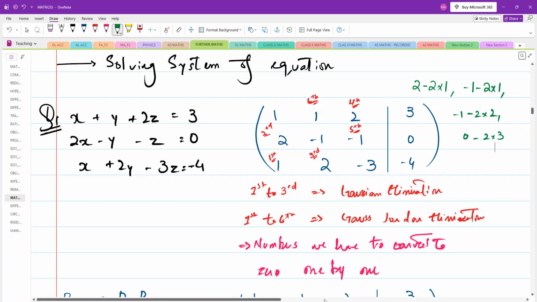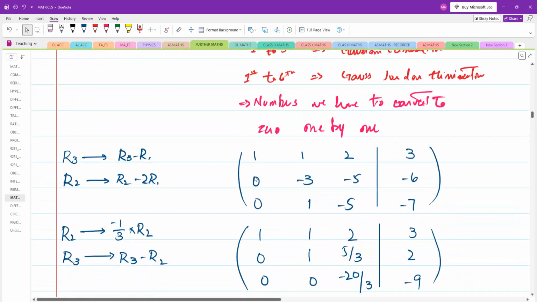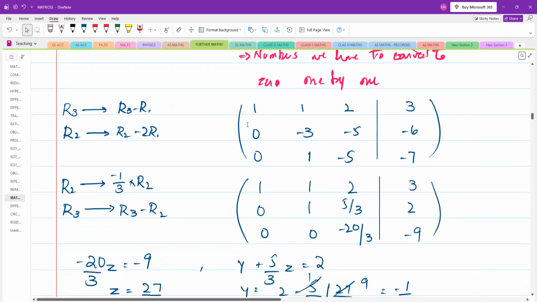Did that make sense? After we are done, if we do the calculation for all four numbers of this second row, we will get these four numbers. Now that we have these four numbers, we are done with converting these two into zeros.